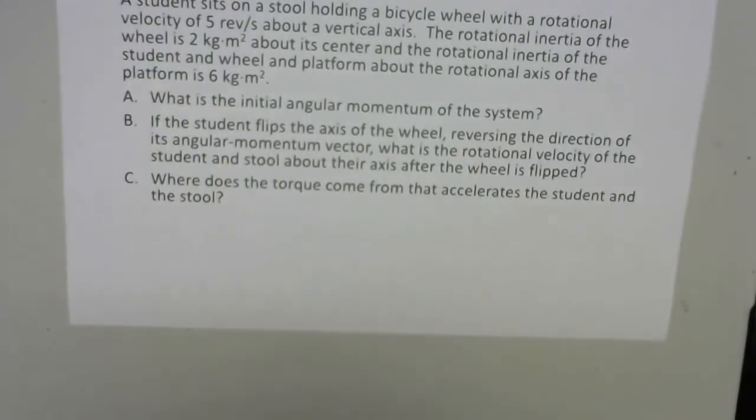What is the initial angular momentum of the system? Then if the student flips the wheel, what's the rotational velocity of the student and the stool about their axis as the wheel is flipped? And where does the net torque come from that accelerates the student and the stool?